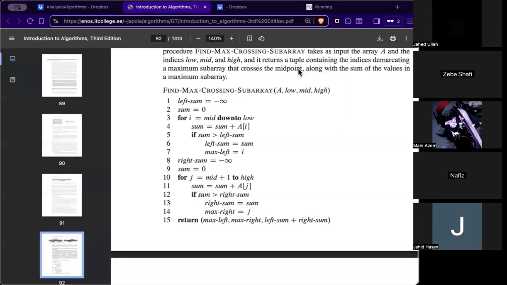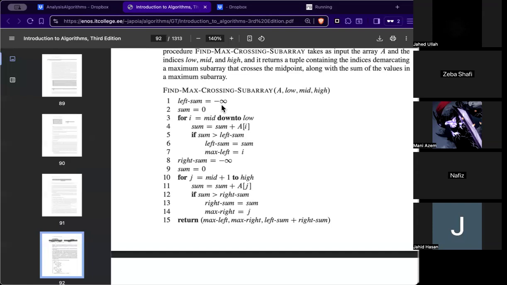So now those three are going to contain the indices that are demarcating the maximum subarray that crosses the midpoint. In other words, those three different points that make up that max subarray, given the fact that it crossed the midpoint, and now we have to take into account mid and j, right? I, mid, and j. So now, the first thing we want to do is get the left sum.